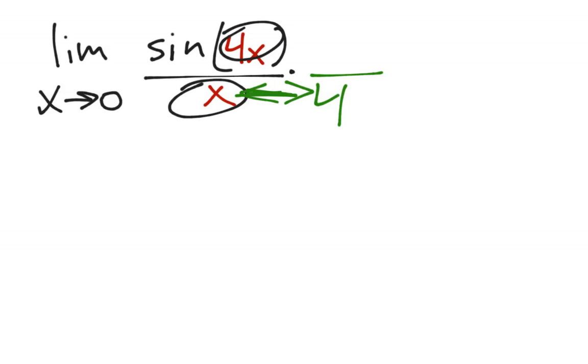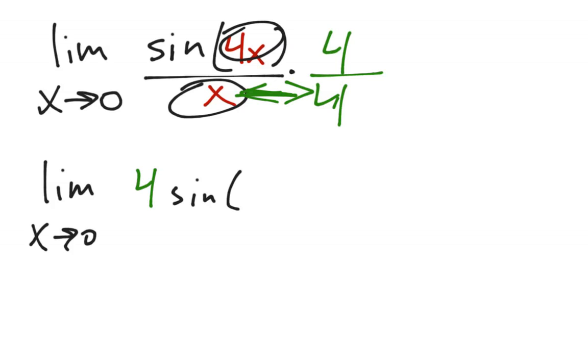Well, if we multiply by 4 on the bottom, we have to keep the fraction the same, so we're multiplying by 1 in a very special form, like this. And if I rewrite our limit, we'll have the limit as x approaches 0 of 4, the green 4, sine of 4x from the original problem, divided by the green 4, and then the x from the original problem. And here's how I want to group this.